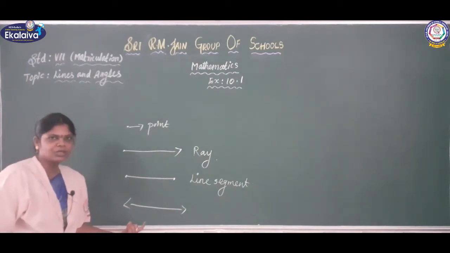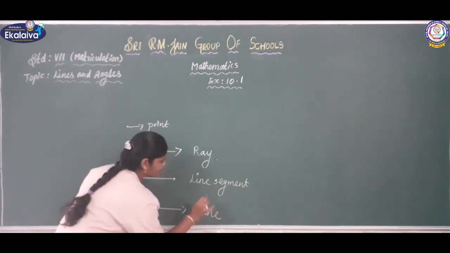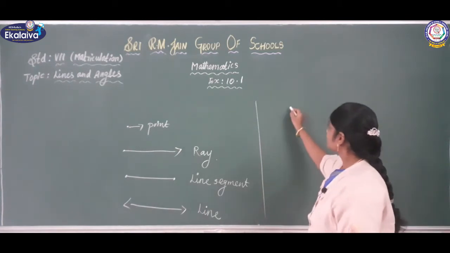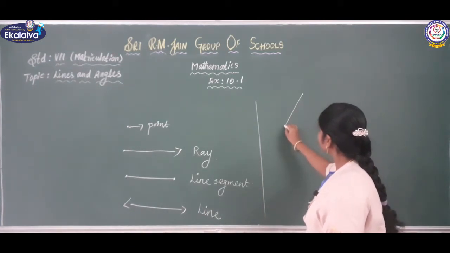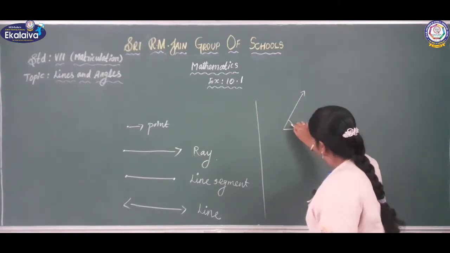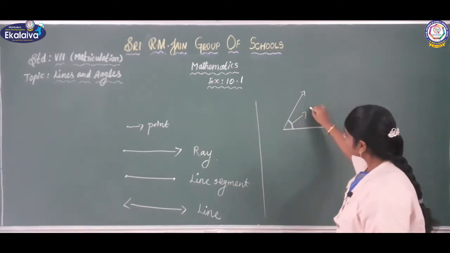So what is the name, children? This is a line. And the next, what is this, children? This is an angle.